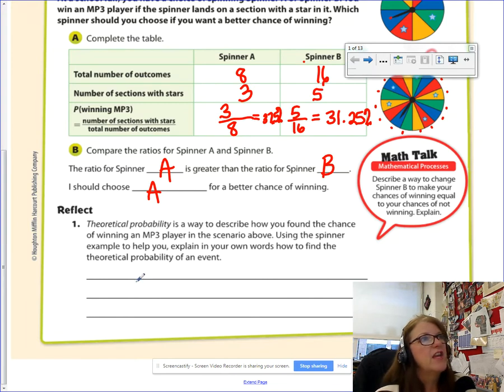Okay. Theoretical probability now is the way to describe how you found the chance of winning this MP3 player in the scenario above. Using the spinner example to help you, explain in your own words how to find the theoretical probability. So what I need you to write here is just generically for any event, how you're going to describe it.